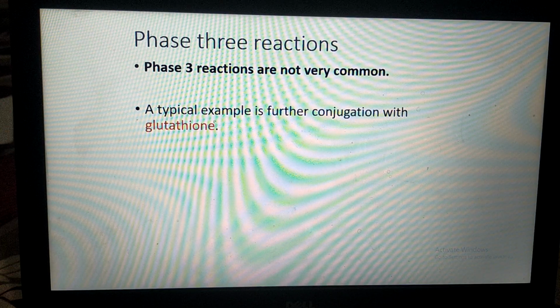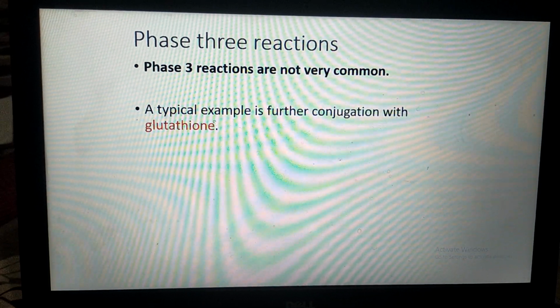Again, in the phase 3 reaction also conjugation takes place, and here the conjugation takes place with glutathione. No example is quoted for this in your book, so it is not necessary to study the enzyme of this phase 3 reaction.